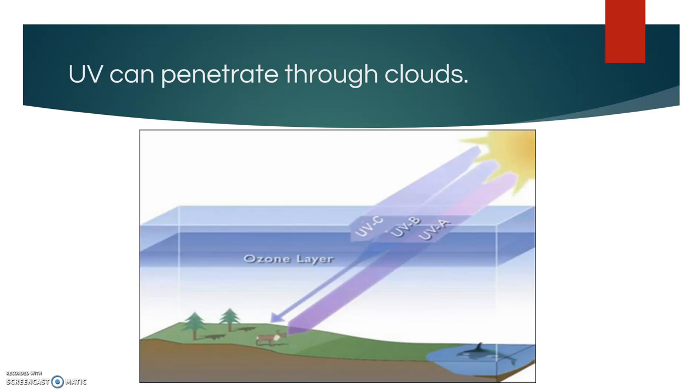And sunglasses as well, not all of them protect. So what you want to do is find sunglasses and sunscreen that says it protects against the broad spectrum, or 100% UVA and UVB protectant.